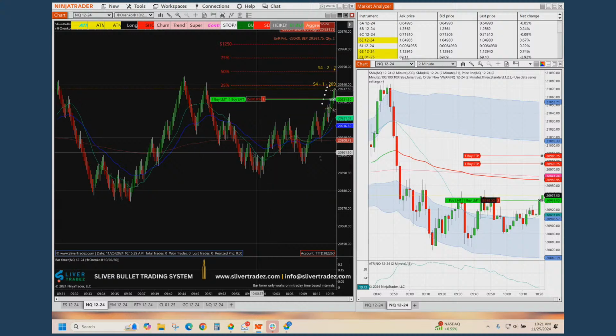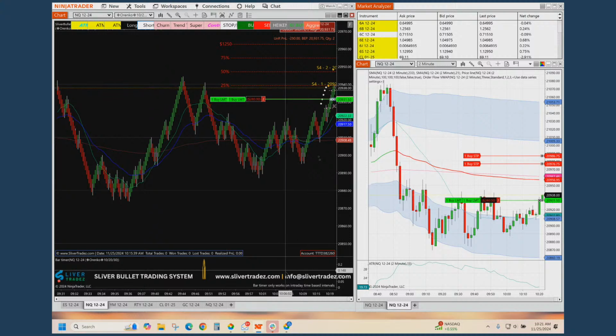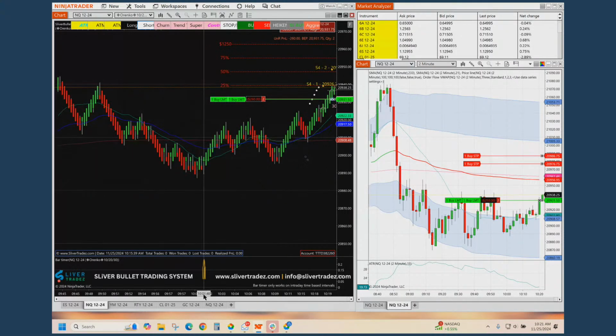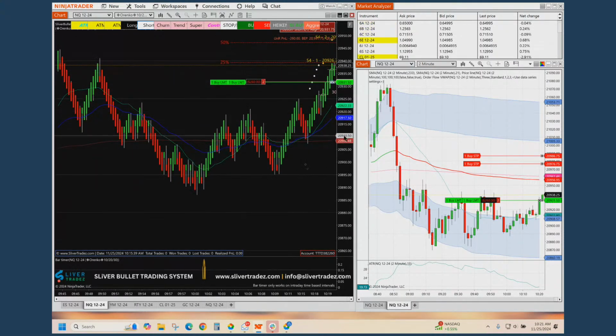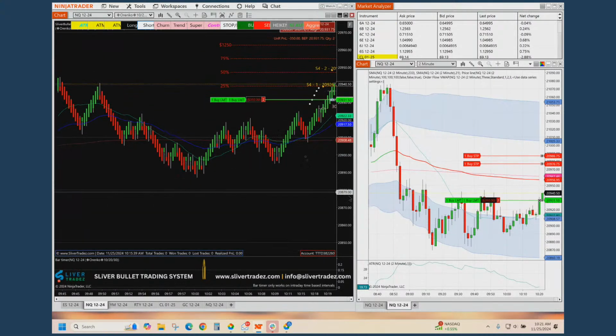Order filled. Okay, so one position got averaged here, and so if it comes down, it will try to come out for break even. Let's see if that happens. If not, one more scale in trade will kick in.